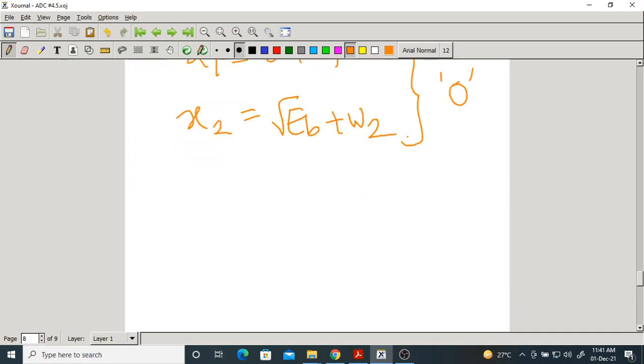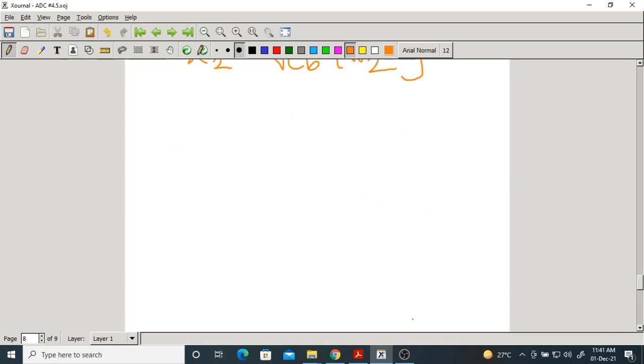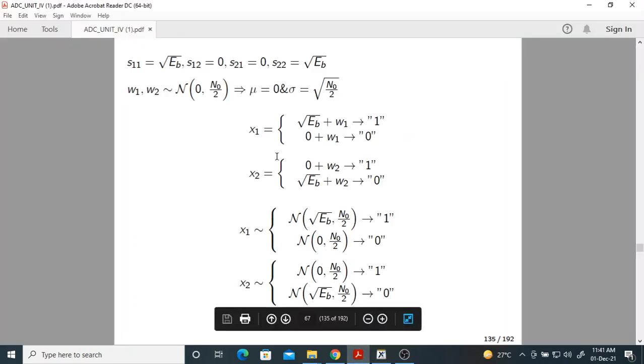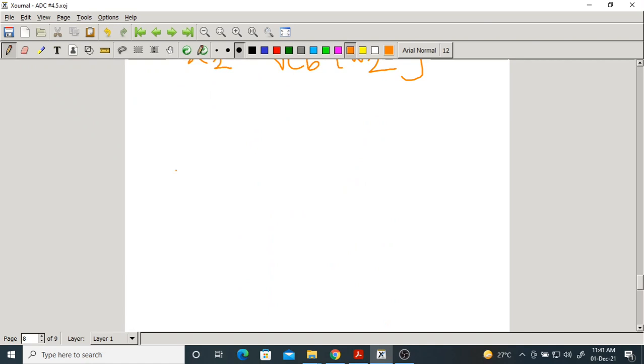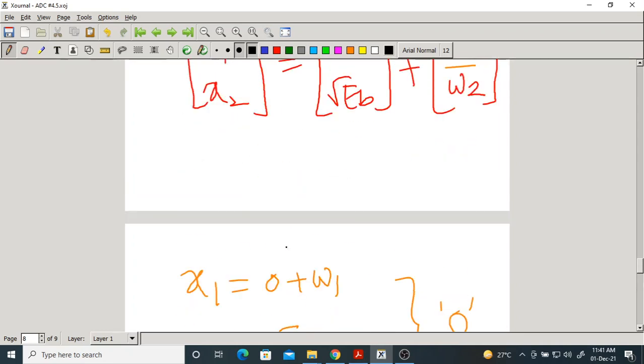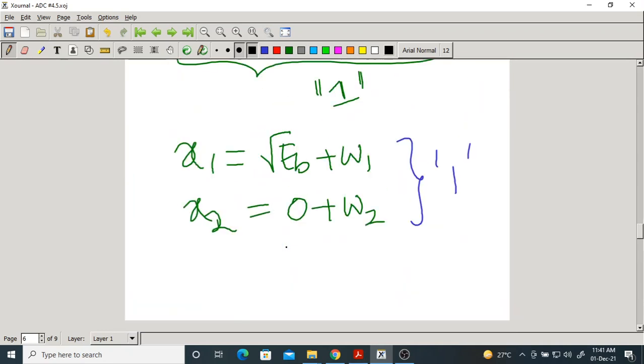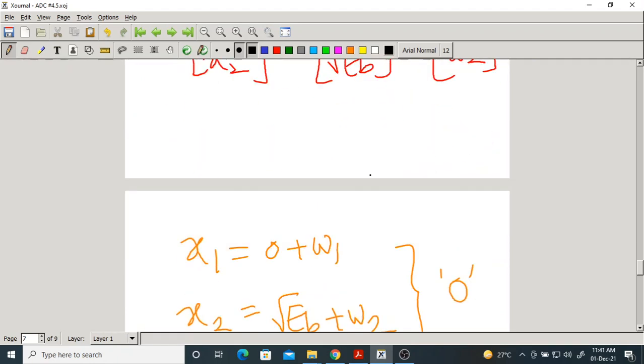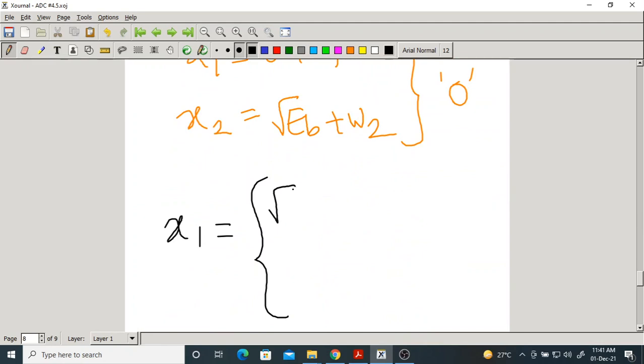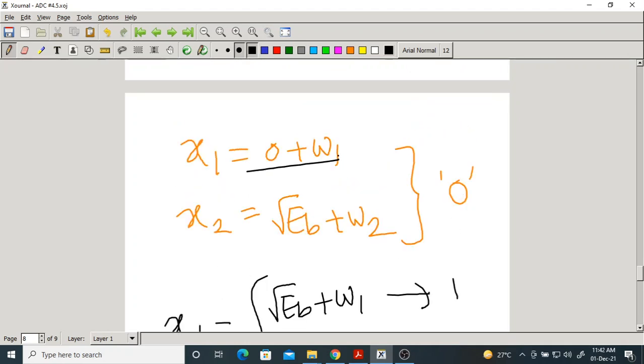Now let me write something like this, first only for X1. What is the X1 value for symbol 1? Root EB plus W1. For symbol 0, what is X1? Simply W1.